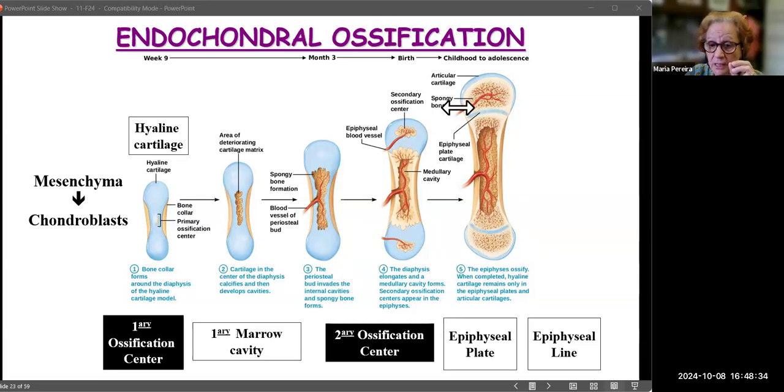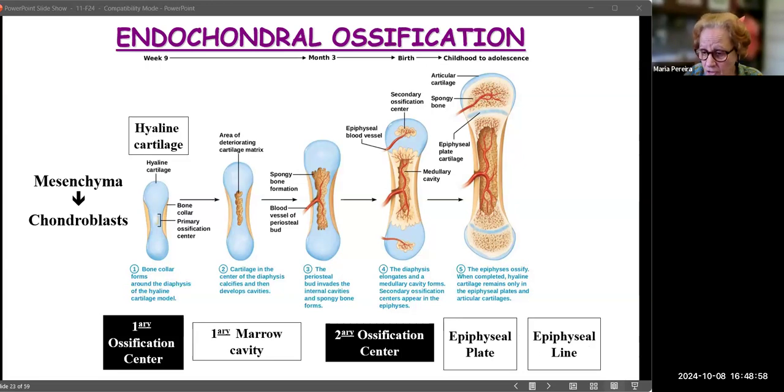Once you reach the epiphyseal line, that means that this area has no more cartilage. Everything is bone, and there's no way for the bone to grow more. So once you go from the plate to a line, the bone stops growing. With the epiphyseal plate, you can still have growth because you still have some cartilage.